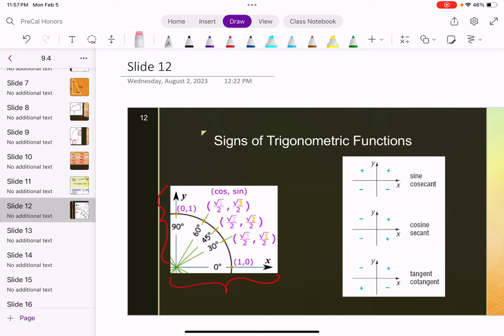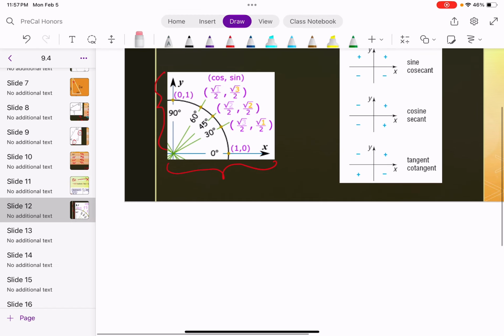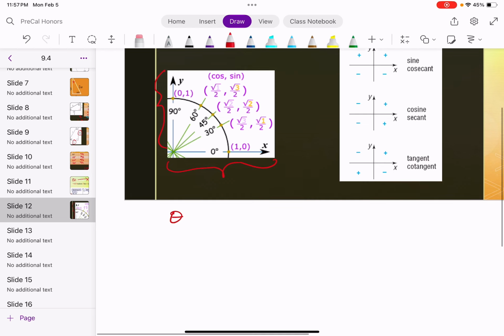have an understanding that even though we are looking at sine and cosine, they are going to have their own pi over 6, pi over 4, pi over 3, and pi over 2.